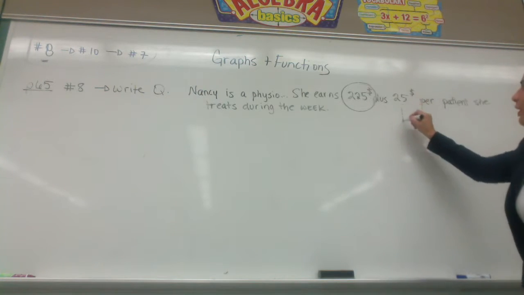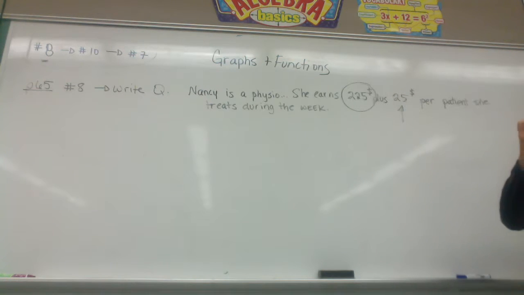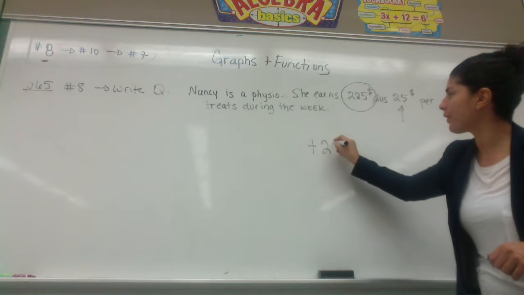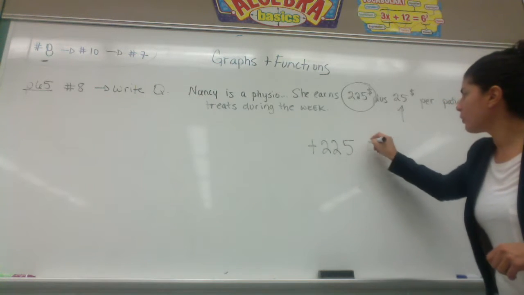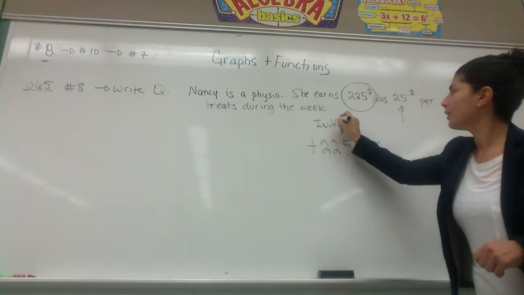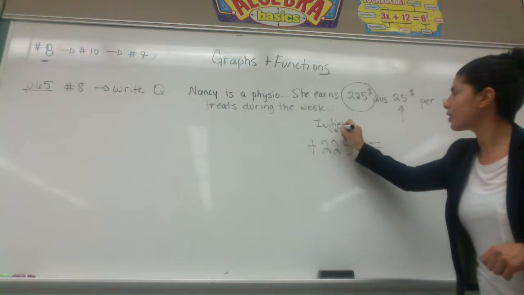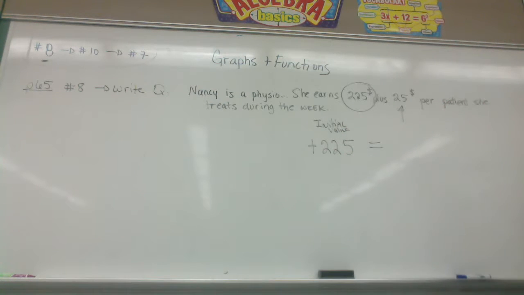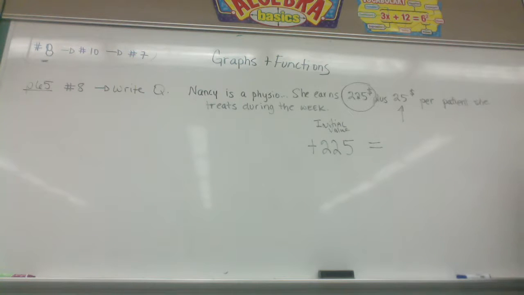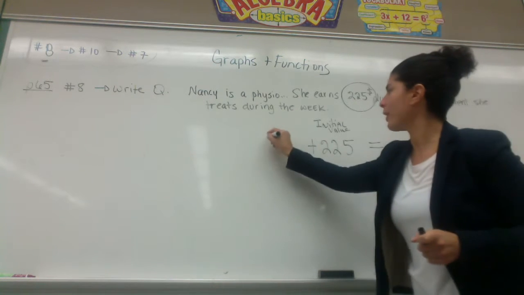And how about this $25? Who thinks they know where this $25 would land in my rule? So right now I have plus 225. I hope you all see that this was the initial value we were doing. Initial value. Nothing changes. I'm still getting 225. And who thinks that they know where to put the 25? Yeah? 25x. That's amazing.